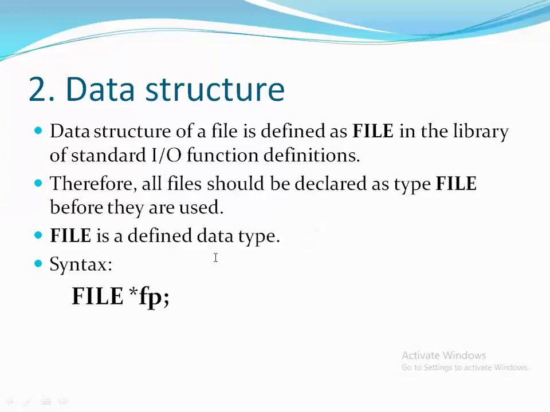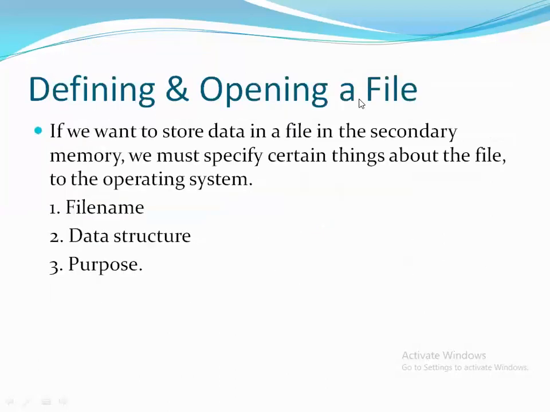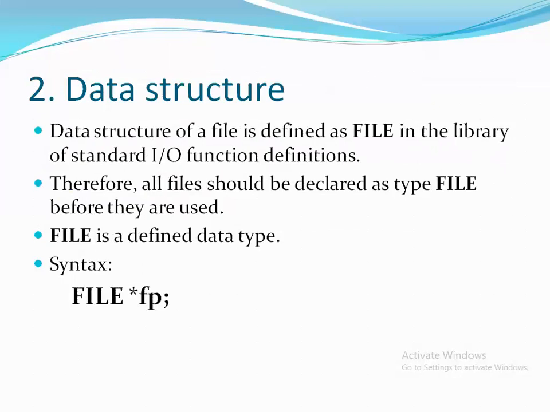First one, how we can give the name. File name must be specified in a particular format, and for the data structure you have to use FILE *fp, or you can use different names, but the format is the data type FILE * and your variable name.